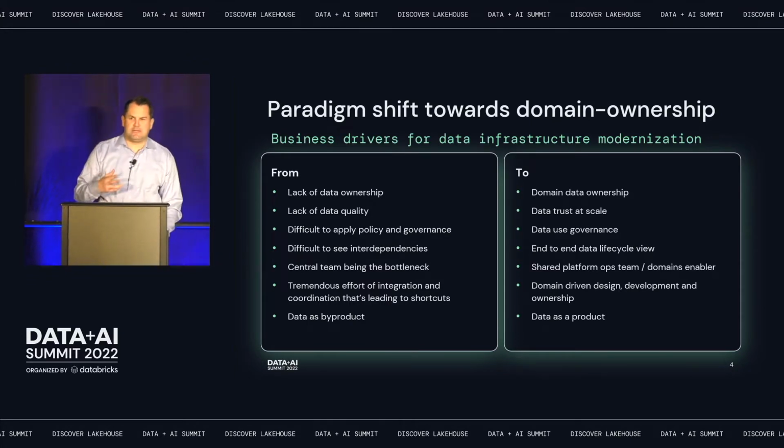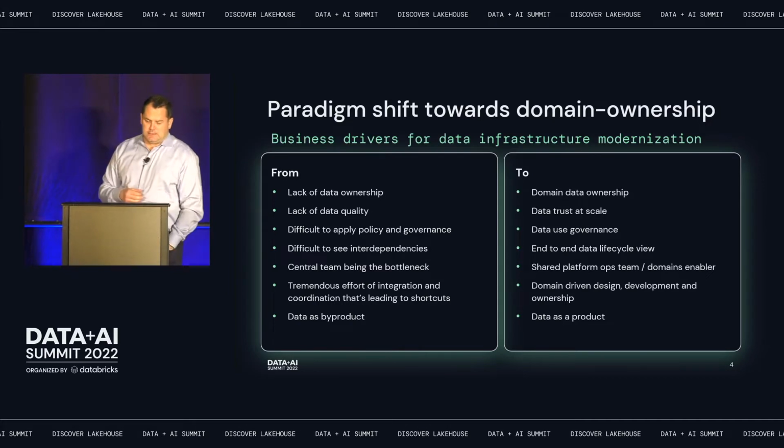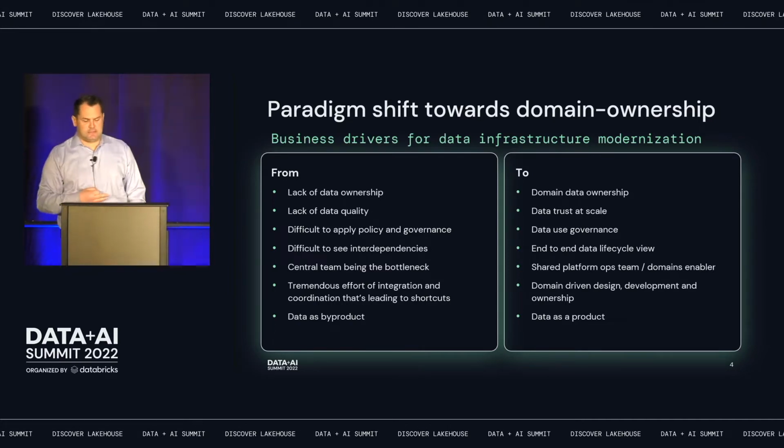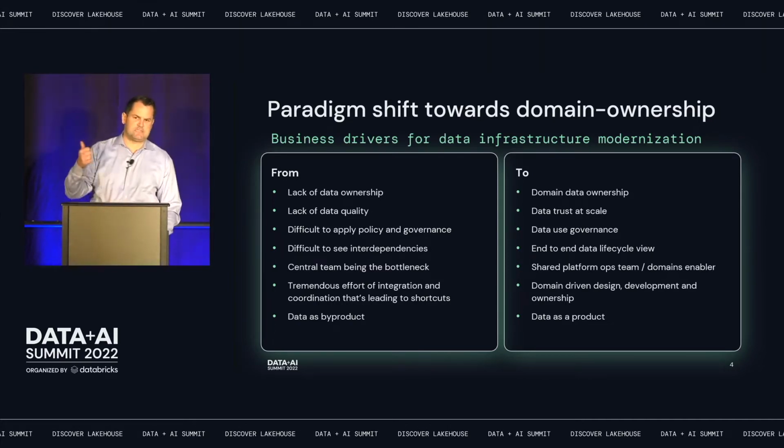We're talking about data as a corporate asset, but in reality, the system of insights and machine learning models that the data scientists are building still lack quality. How do you enable data trust at scale?